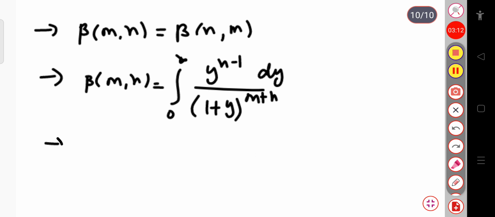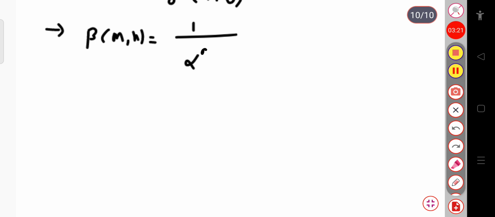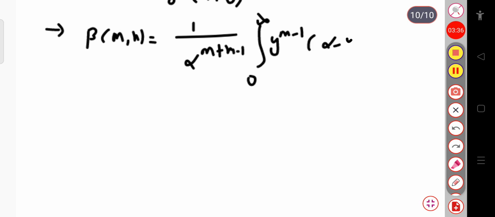And also this can be written as beta of m, n equal to 1 by alpha power m plus n minus 1 into the integration from 0 to infinity, this will be y power m minus 1 into (alpha minus y) power n minus 1 into dy. This is a very important relation.